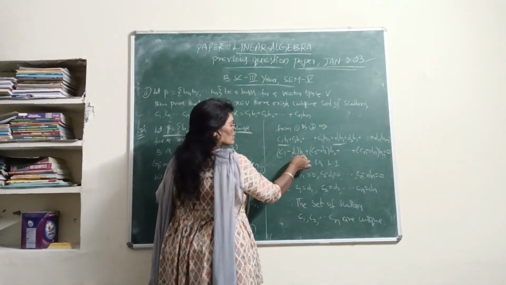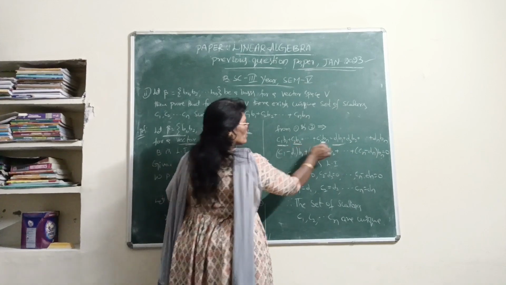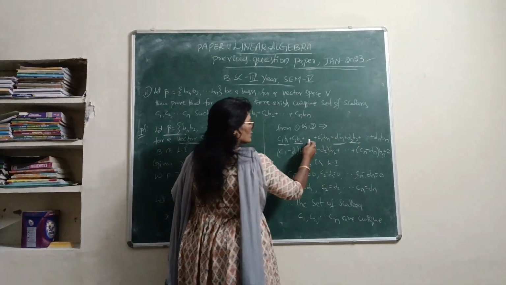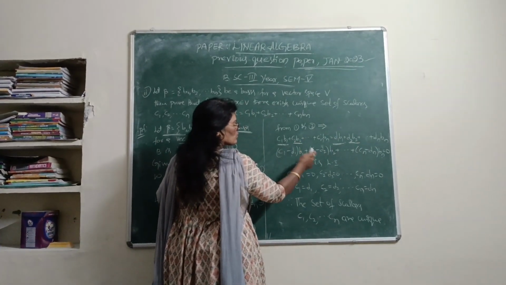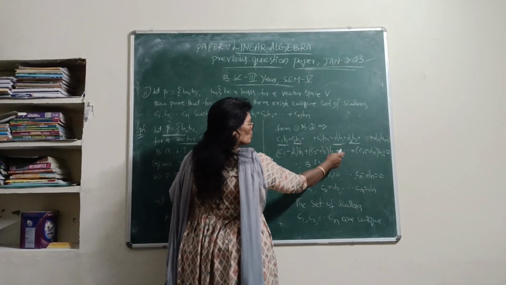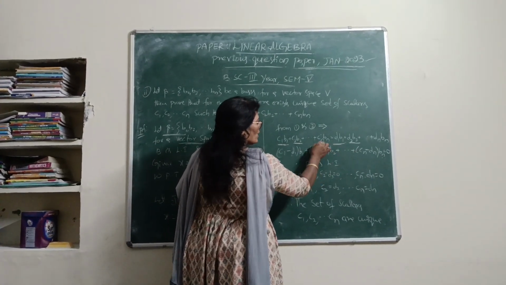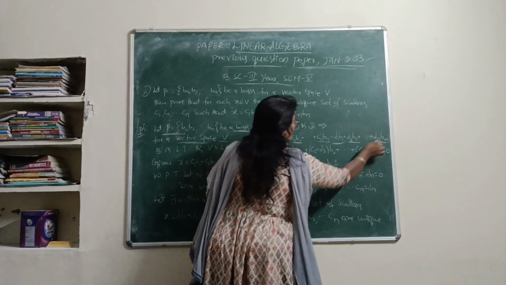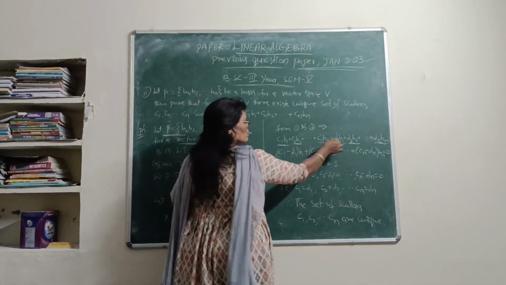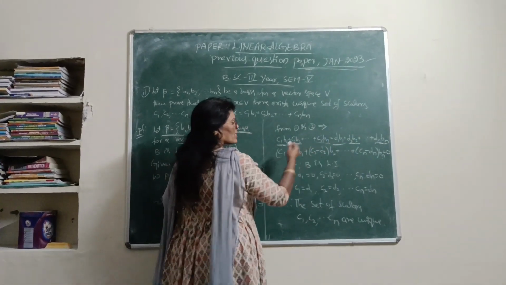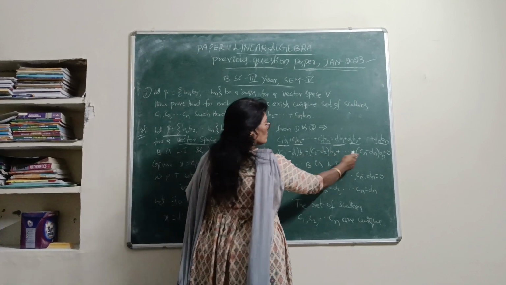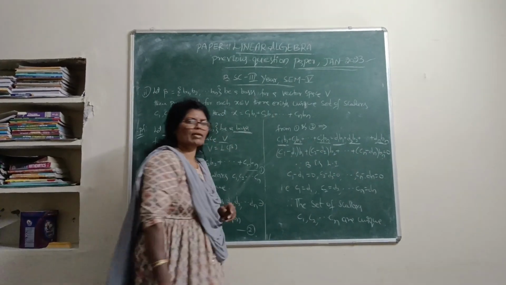So c1 minus d1 into b1 plus c2 b2, here d2 b2 is there, after taking it on the left hand side, c2 minus d2 into b2 is common, plus so on. Here cn bn, here dn bn is there, so bn is common. After taking it on the left hand side, cn minus dn into bn is equal to 0.